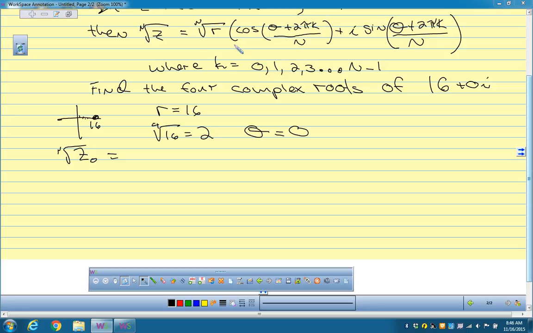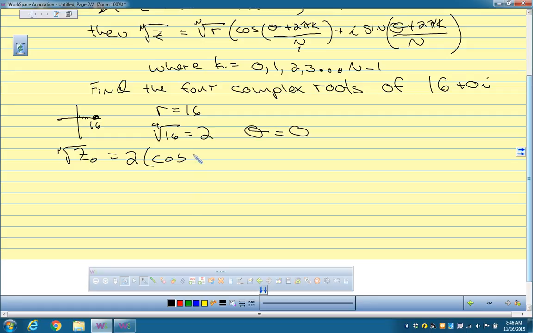So using this formula, the nth root of r is 2, right, times the cosine of theta plus 2 pi k, but k starts at 0. So what's 2 pi times 0? 0. And what's 0 plus 0? 0. And n in this case is going to be 4, right?